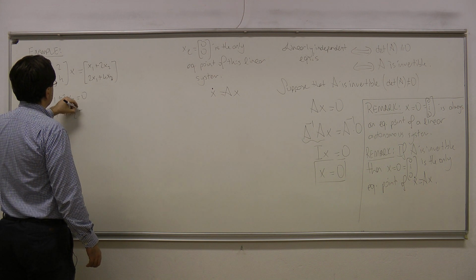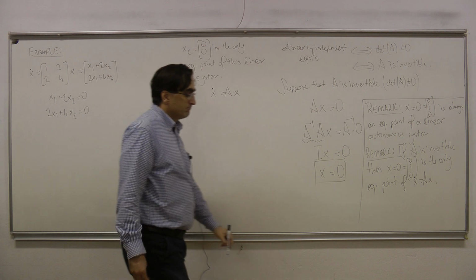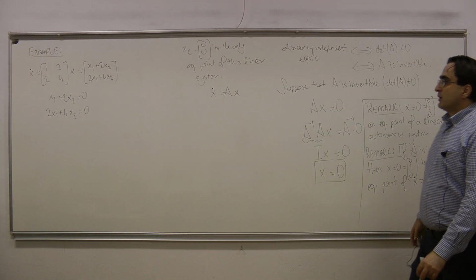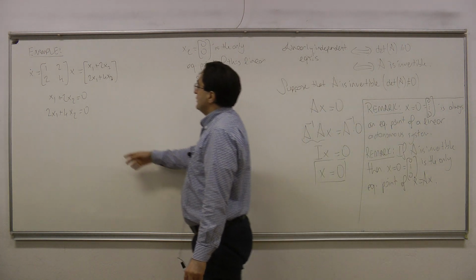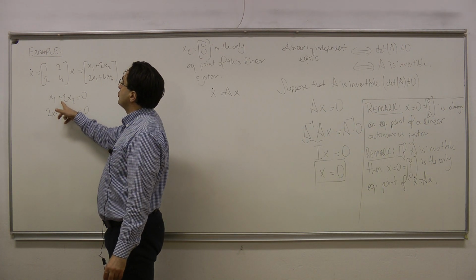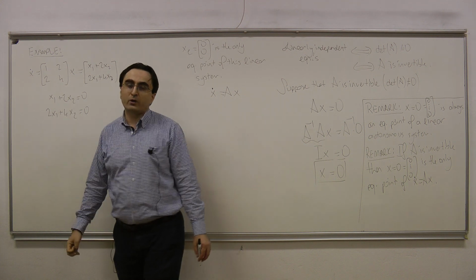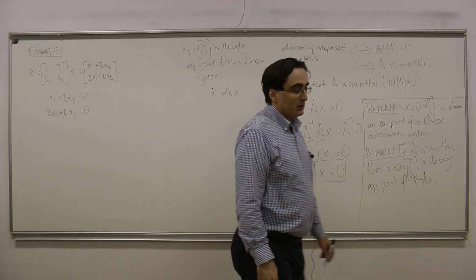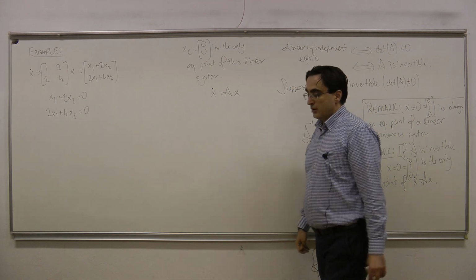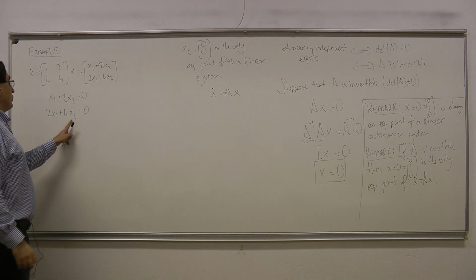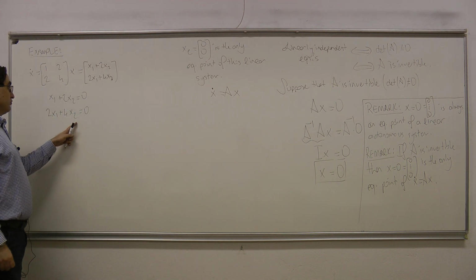2x1 plus 4x2 equals 0. So now you see that the second equation can be obtained from the first equation by multiplying both sides of the first equation by 2. So the second equation is twice the first equation, and somehow it does not give any information.